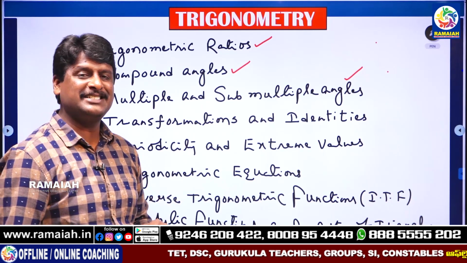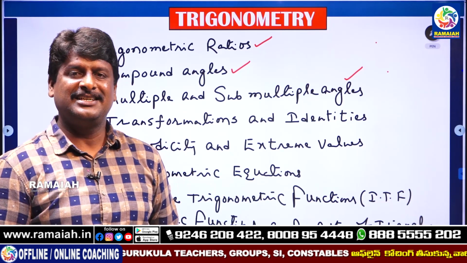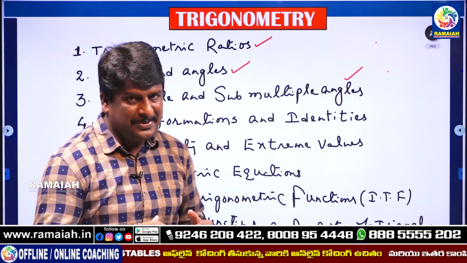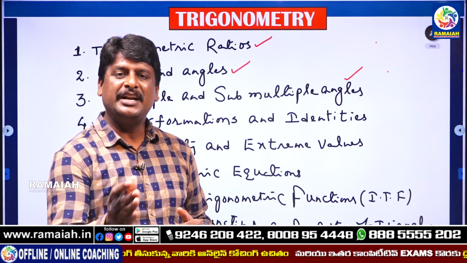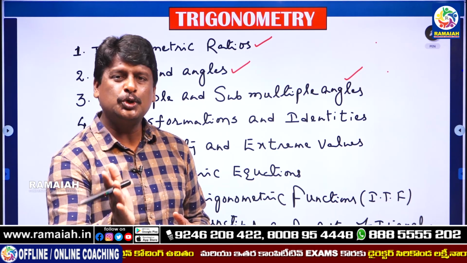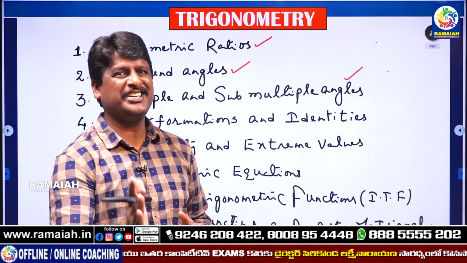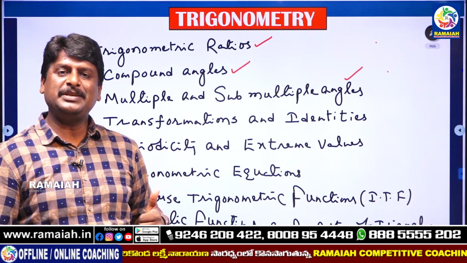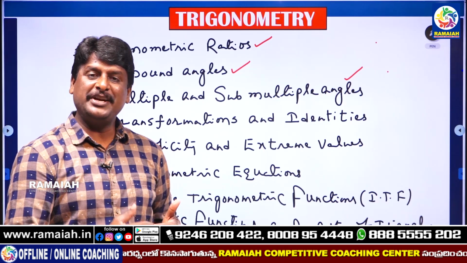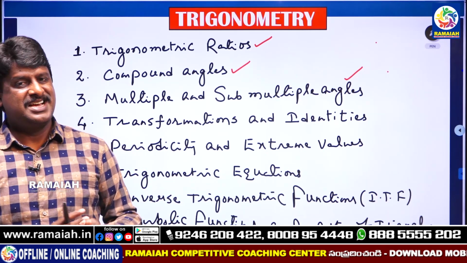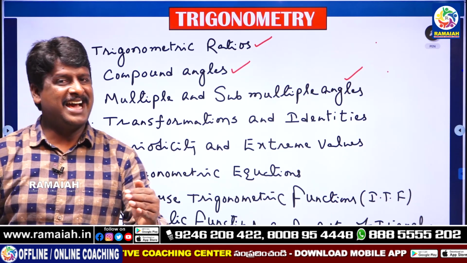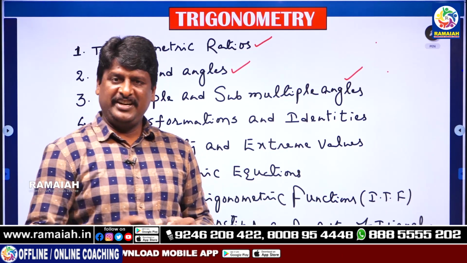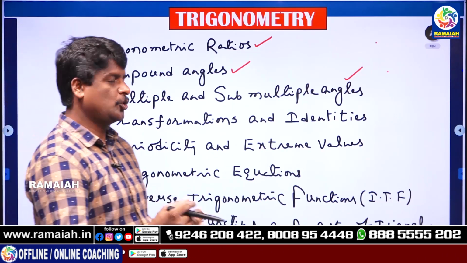Multiple angles describe trigonometric ratios of 2 theta, 3 theta, 4 theta, etc. Submultiple angles means trigonometric ratios of angle A by 2, angle A by 3, etc. So we deal with such concepts.